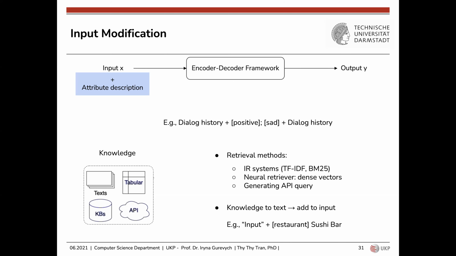If the attribute is real-world knowledge, such as from textual world knowledge, from tables, from a knowledge base, or some API service, we first need to retrieve such knowledge using some information retrieval methods. Then the results of the retrieval can be transferred into text and added directly into the input, such as the sample here.